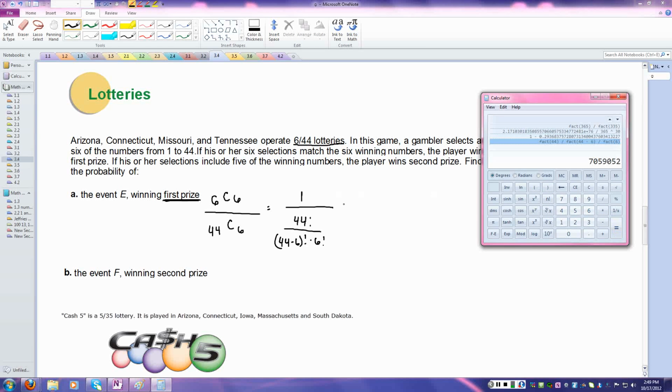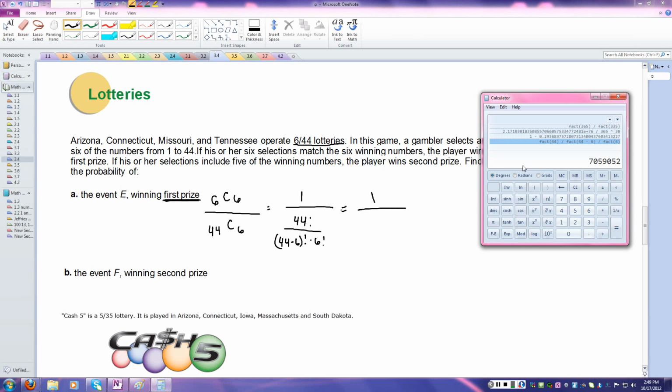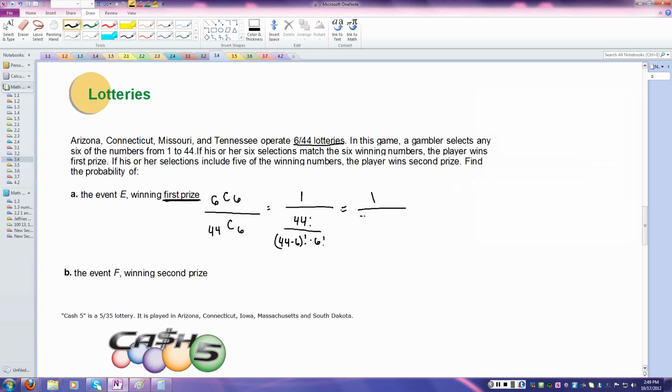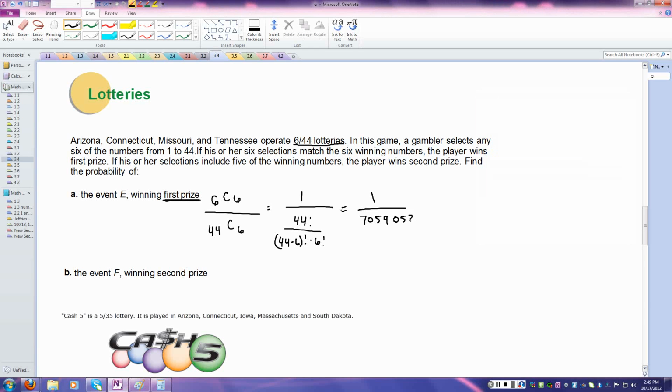So the probability that I win first place is 1 over 7,059,052.